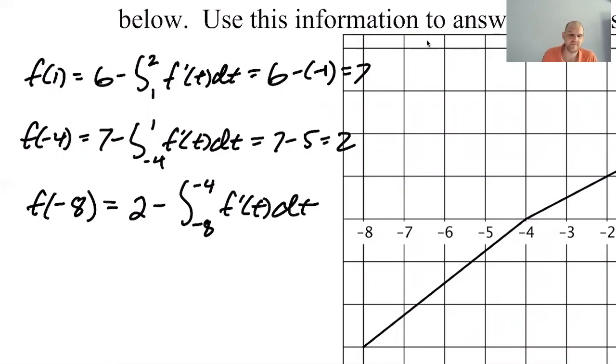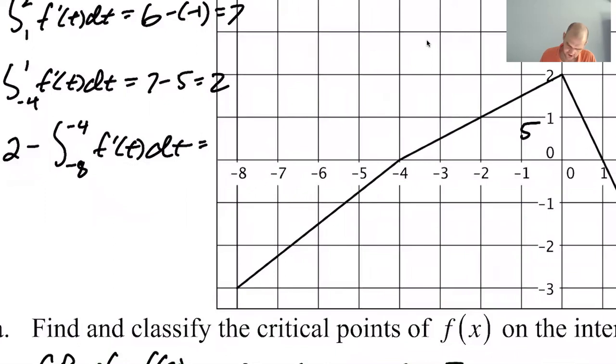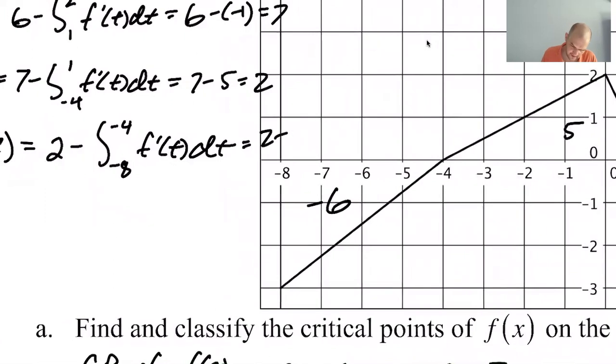So the integral from negative 8 to negative 4 is f of negative 4 minus f of negative 8. And then just fill in the blanks and solve. So this is 4 by 3 is 12, but half, so negative 6. So this is 2 minus negative 6, which is 8.